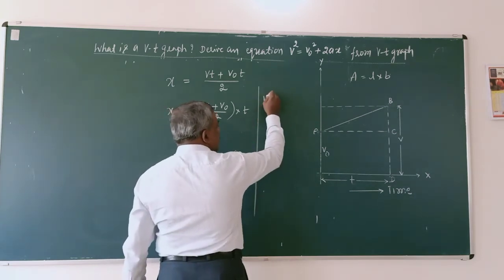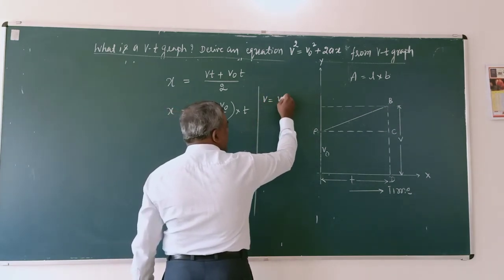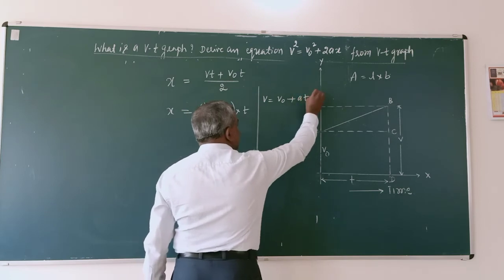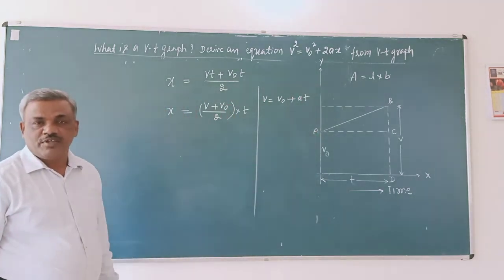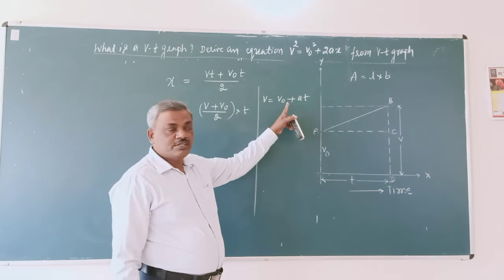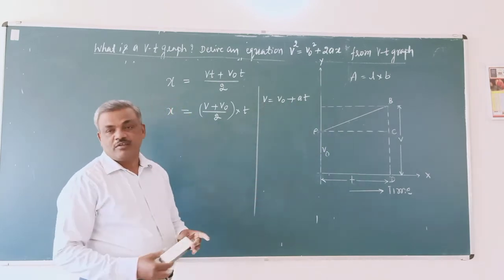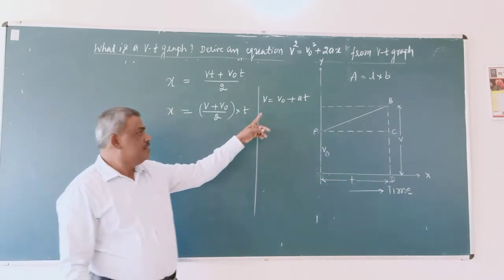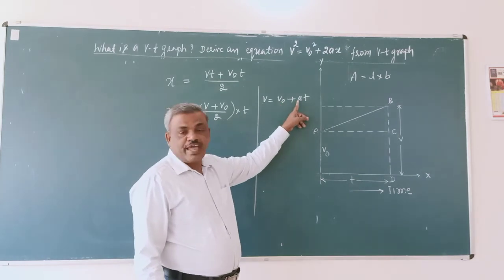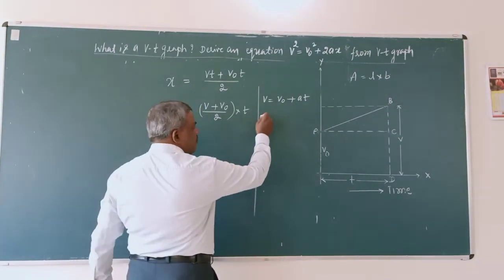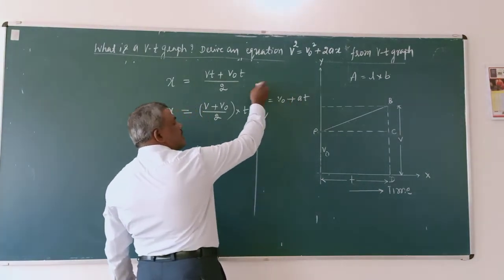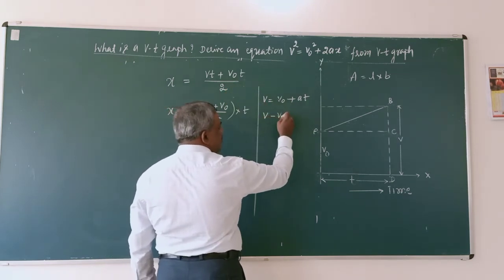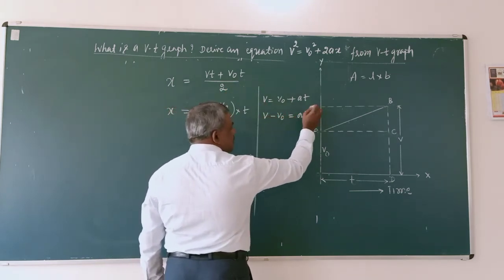Now the first equation of motion: V equal to V naught plus At. The first equation of linear motion V equal to V naught plus At, where V is the final velocity, V naught is the initial velocity, A is acceleration, t is time. So V naught take left side, V minus V naught equals A into t.